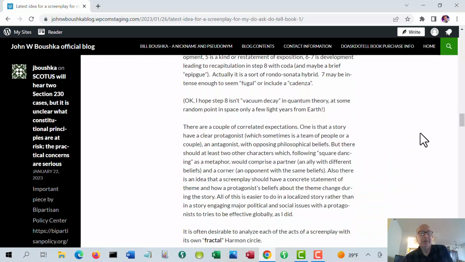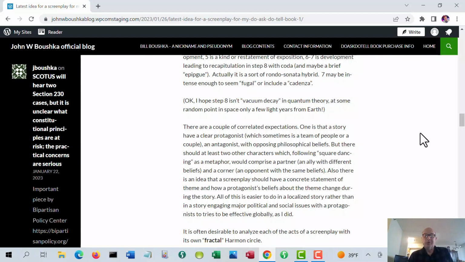There are a couple of correlated expectations, and one is that the protagonist, which I said might be a team, isn't always just one person, but usually is, will be matched by at least 3 other characters normally. There's an antagonist or an opponent with opposite beliefs, and then by analogy to square dancing, that's the analogy I like to use, there may be a partner who is a friend or ally of the protagonist, but has some opposing beliefs.